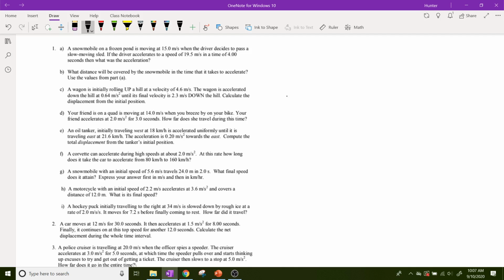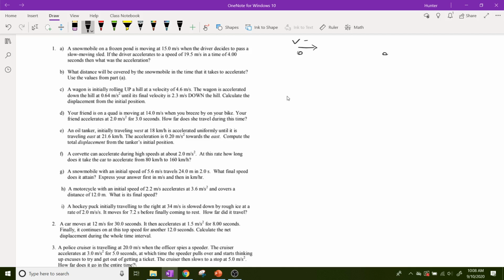A snowmobile on a frozen pond is moving at 15 meters per second when the driver decides to pass a slow-moving sled. If the driver accelerates to a speed of 19.5 meters per second in a time of 4 seconds, what is the acceleration? Okay, so we've got the guy, this is a snowmobile, and then at the end, the snowmobile is going faster. So I'm going to draw an arrow.